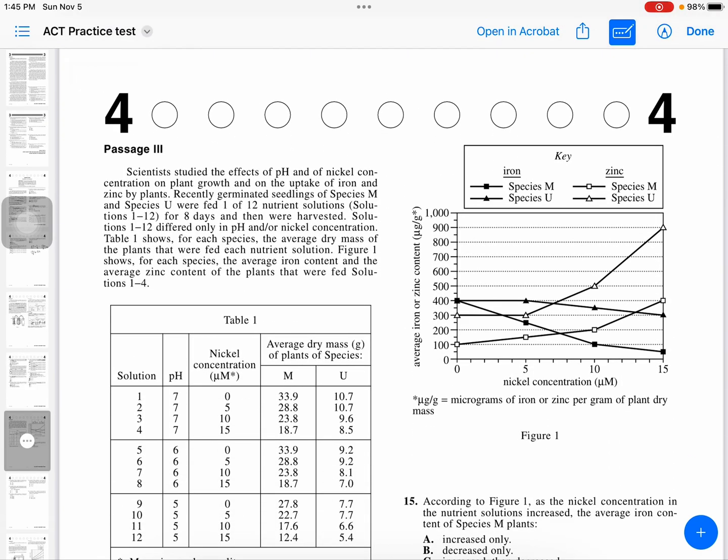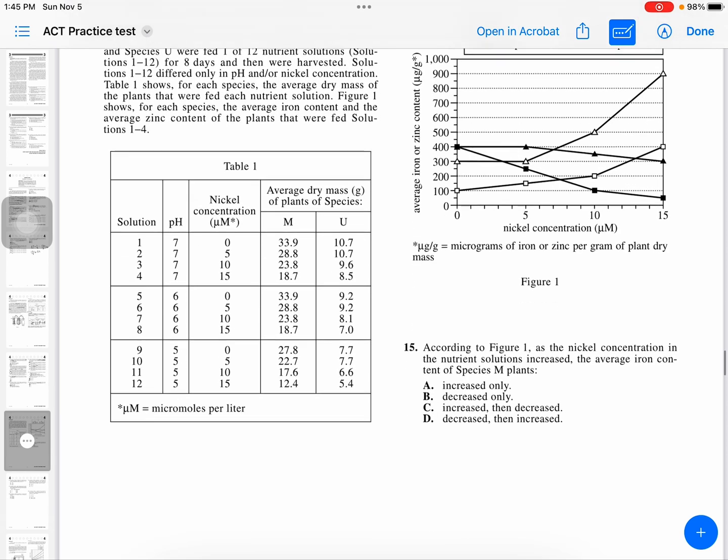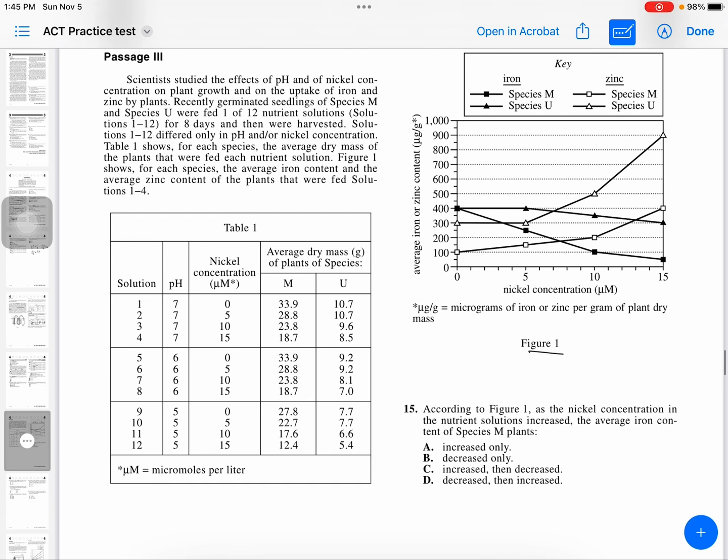Passage number 3. According to figure 1, as the nickel concentration of the nutrient solutions increased, the average iron concentration in the species M plants. Here's figure 1, nickel concentration.